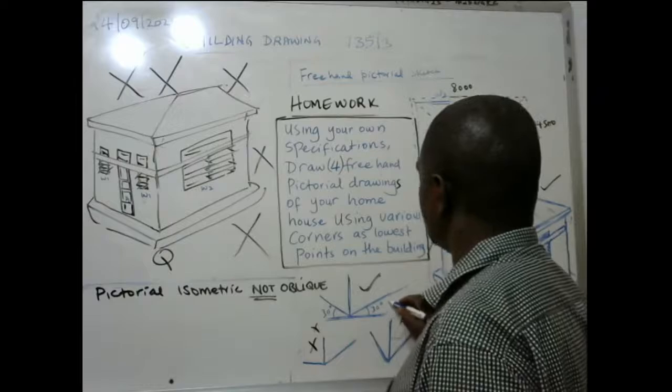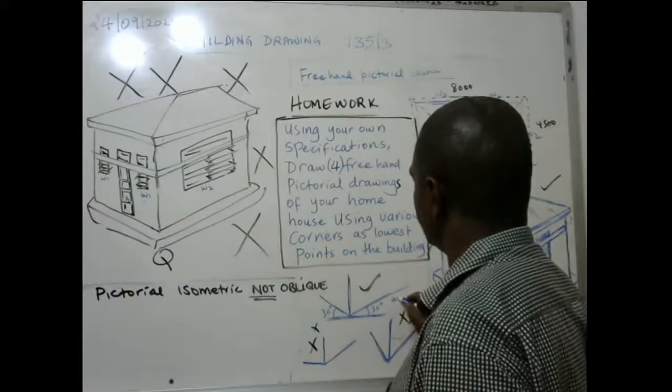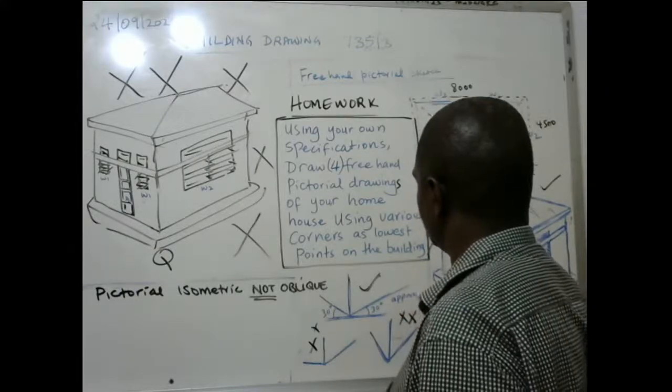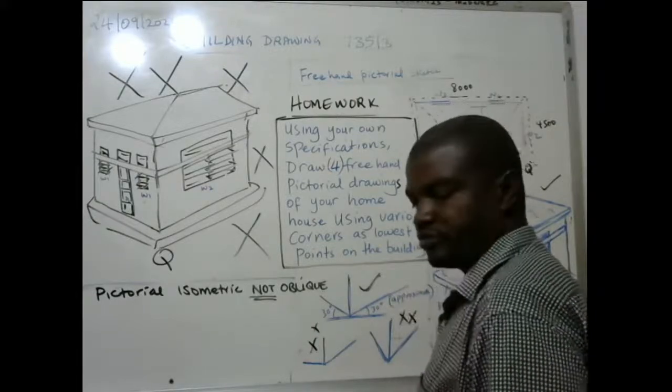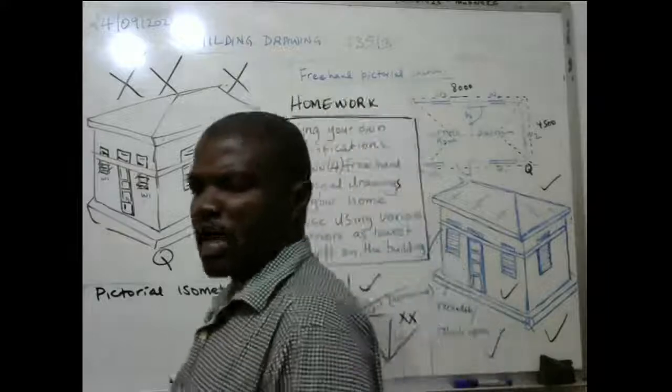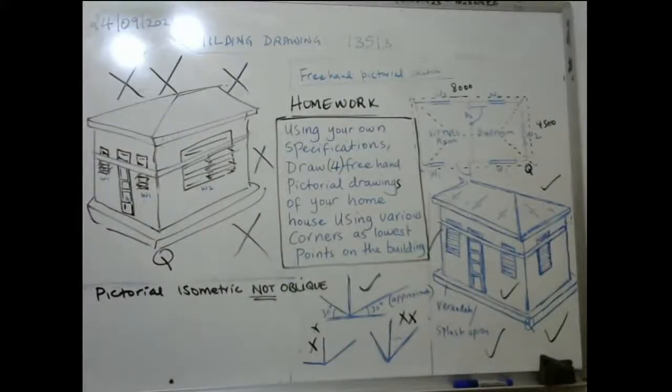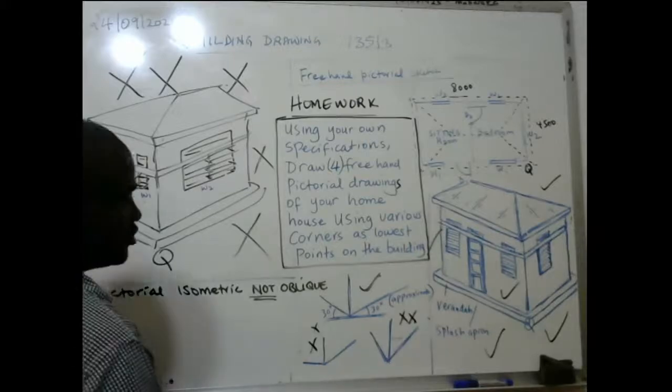Of course, in isometric, we make these ones approximate, because we don't take any measurement for that matter. So that's why this one here becomes faulty.